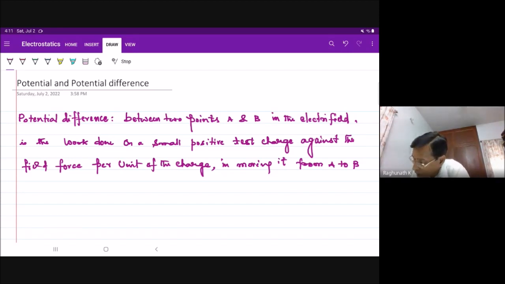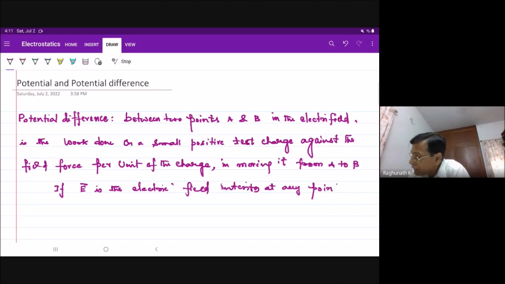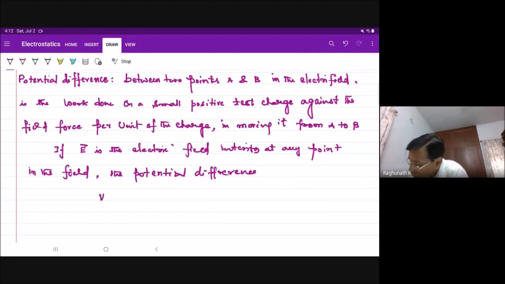So, if E bar is the electric field intensity at any point in the field, the potential difference VBA, because we moved it from A to B, initial position.